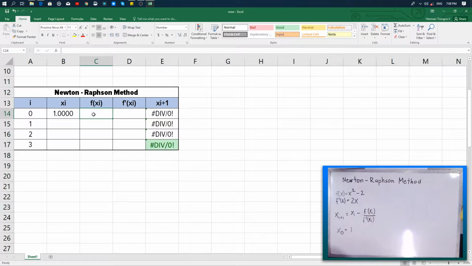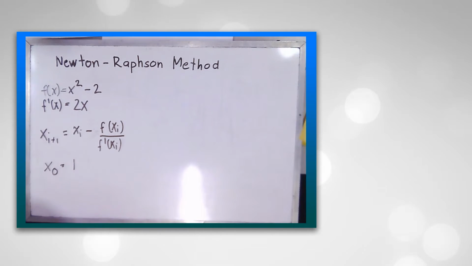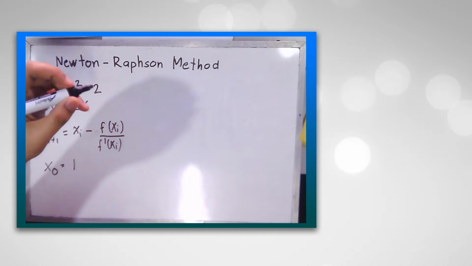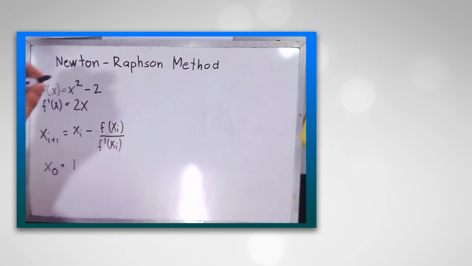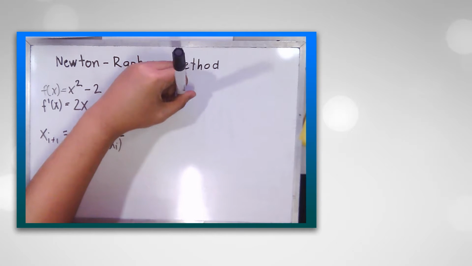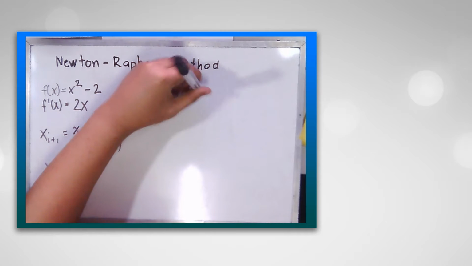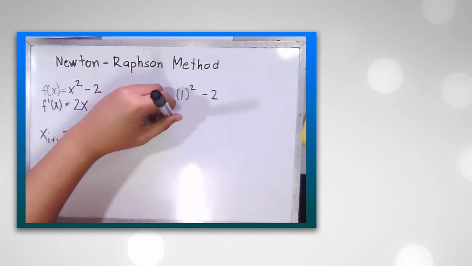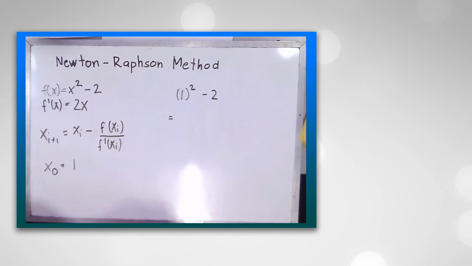Then the function of x sub i: we simply insert the value 1 into the equation x squared minus 2, which is negative 1.